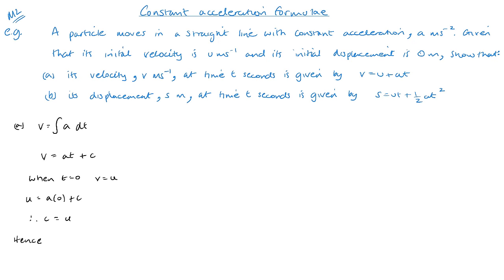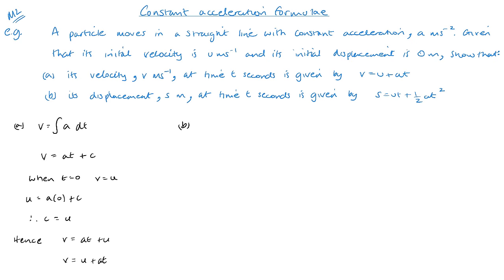Hence v equals at plus u, and rearranging it as we want it, v equals u plus at. So there we have that initial formula, and we've done it with calculus by integrating.